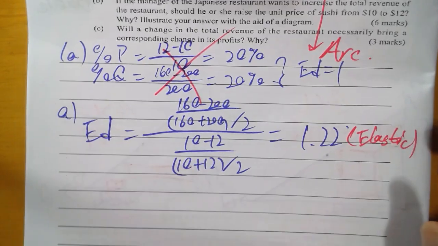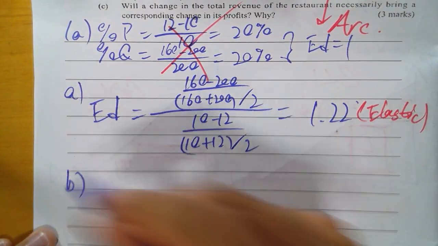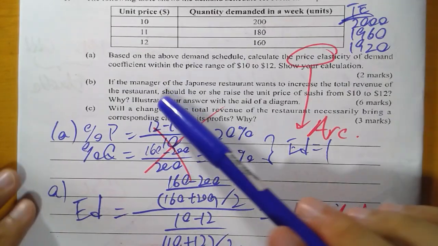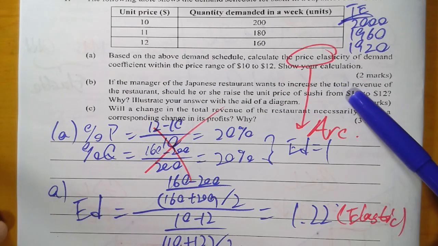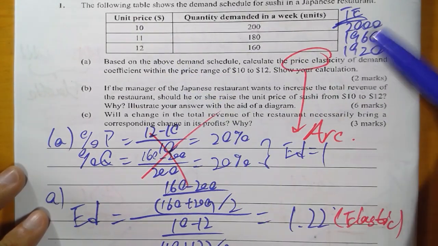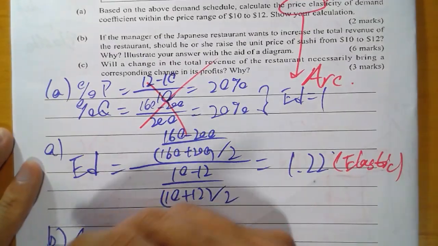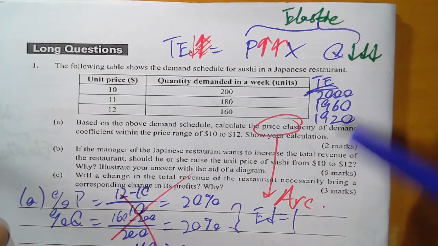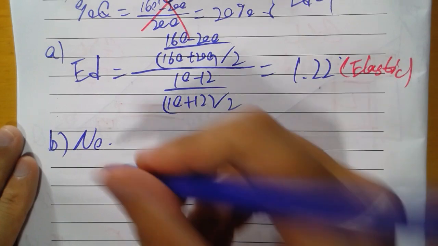Okay, 好嘛? Now for B, what is it asking? If the manager wants to increase total revenue, should they raise the price? I think clearly you see no. Okay, no, they should not. Actually, TE would decrease. Now let us explain.